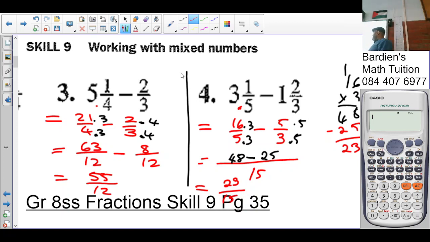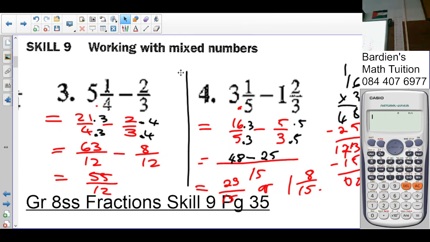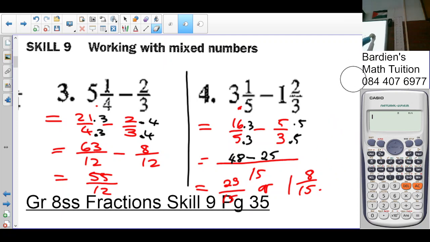Or it can be written as 2 and, if you take 30 away, 8 over 15. Is that correct? You got any confusion here? No.